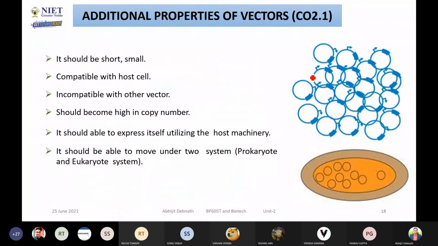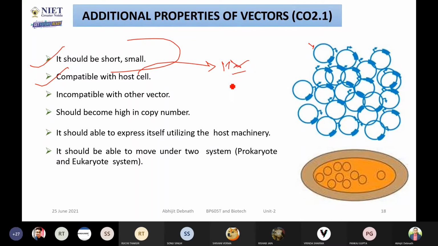So what are the additional properties? The vector should be short and small. It should be compatible with the host cell. If you are giving a vector with a donor into the human body, it should be tolerated.